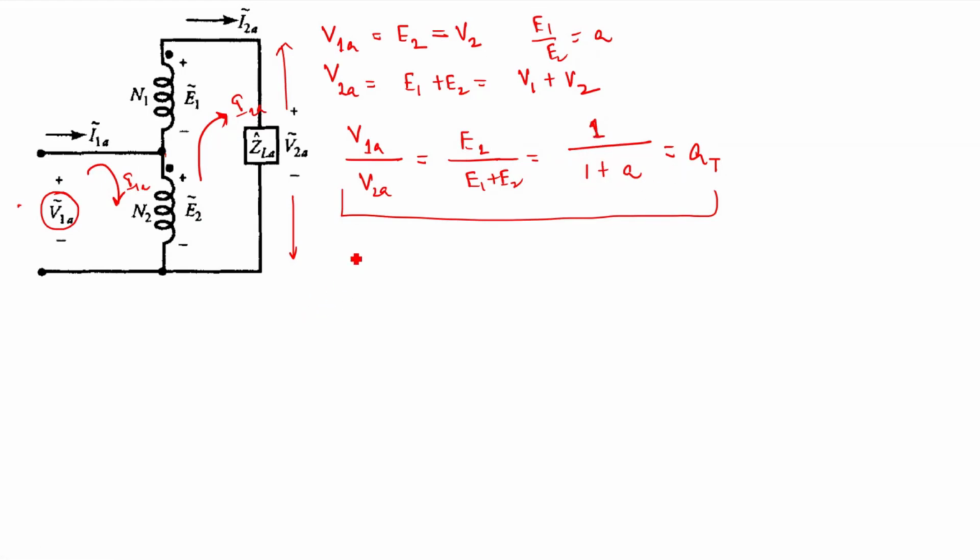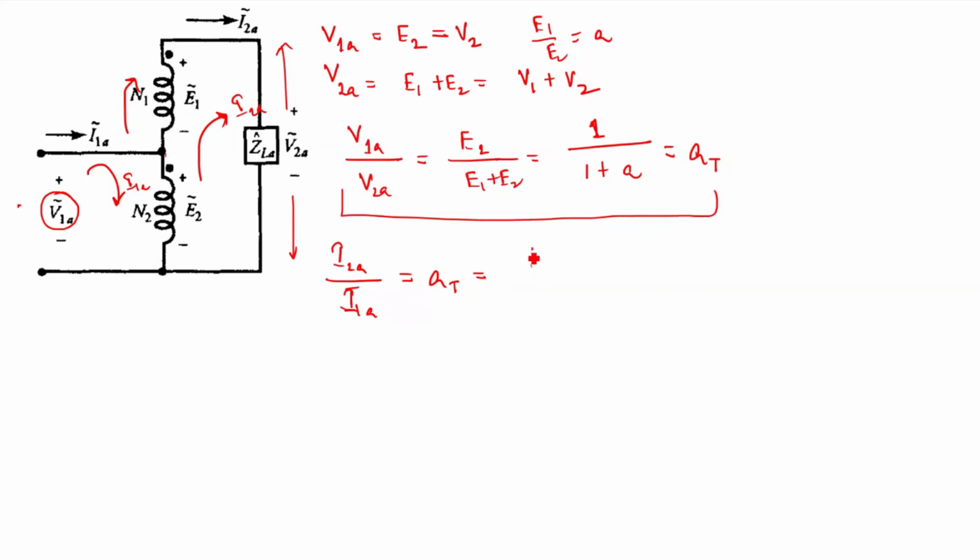And if we consider the current, I2A by I1A, I can write it as the transformation ratio that is equal to AT. So that will be equal to I2A is for how much? So your I2A is flowing here in N1, right?